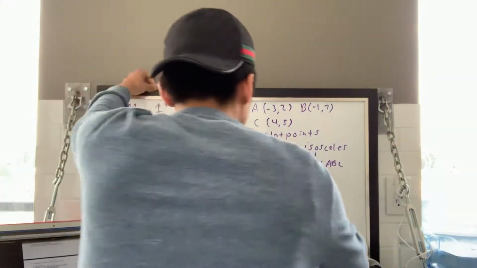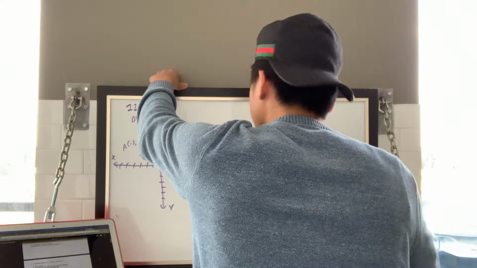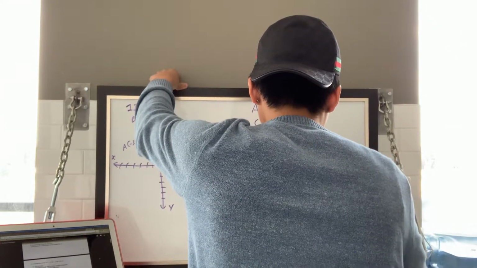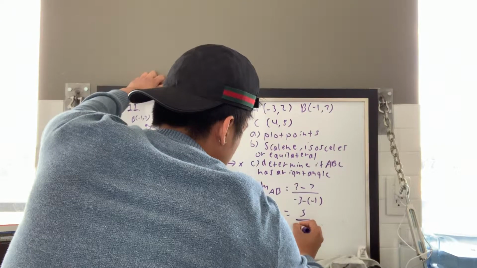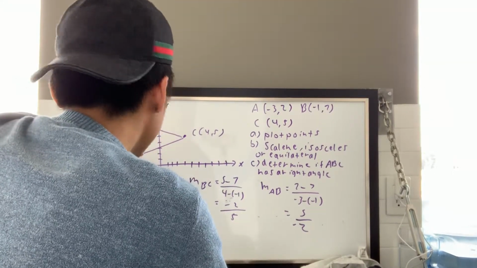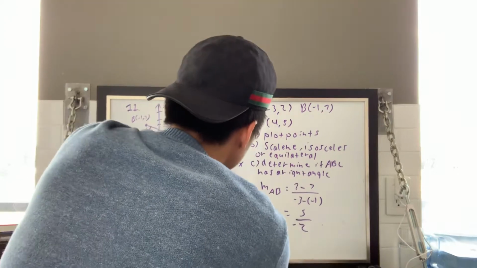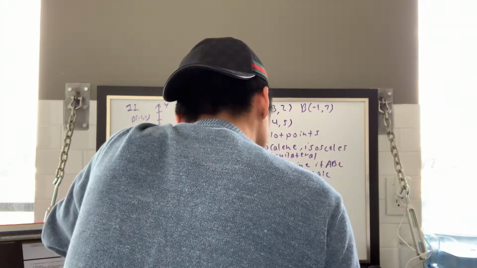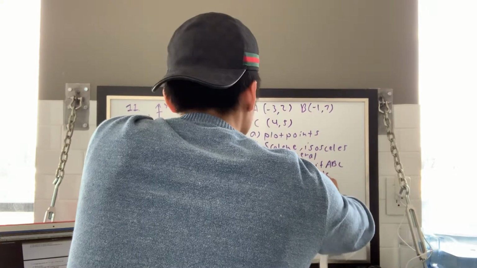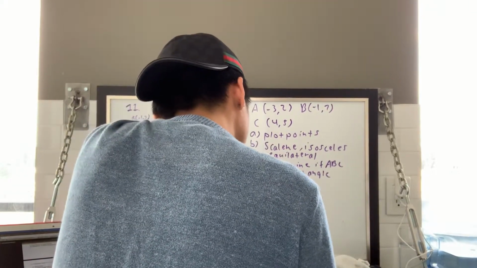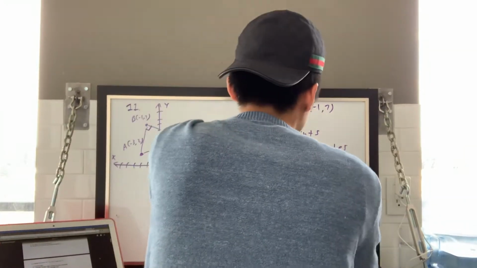Let's find the slope of AB. So the slope of AB is equal to 2 minus 7 over minus 3 minus 1. I made a mistake there.